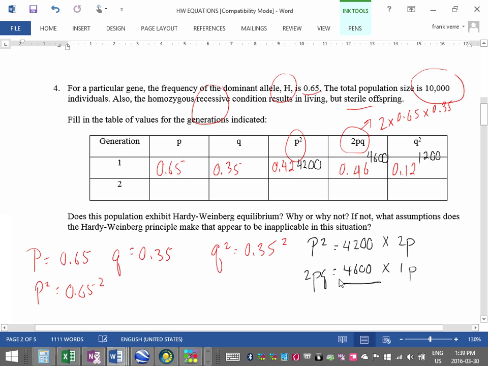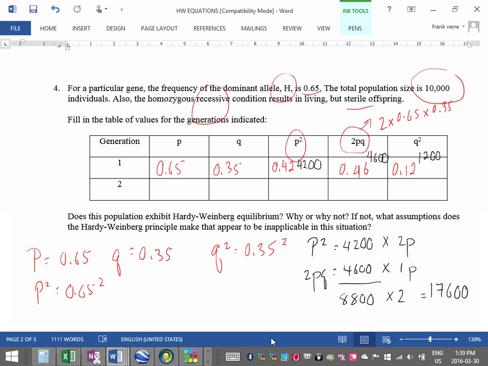In total, only 8,800 individuals can reproduce. And we know they each have 2 alleles. So that would be 17,600 alleles that can potentially get into the next generation, well, half of them, but that's the total number of alleles that you have.